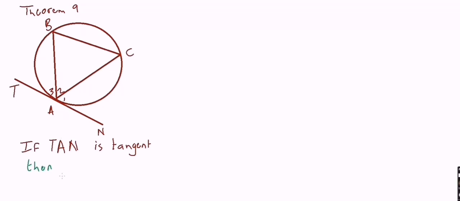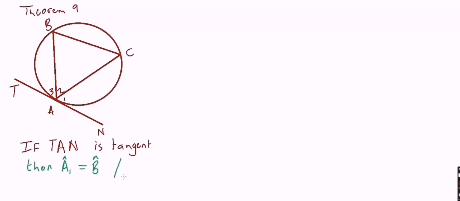Then A1, which is an angle between tangent and chord AC, will be equal to the angle subtended by AC, which is B. Right?